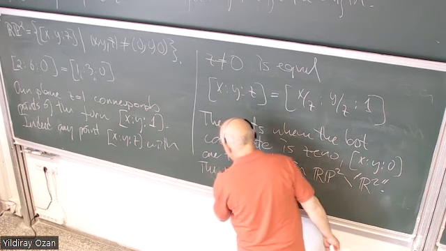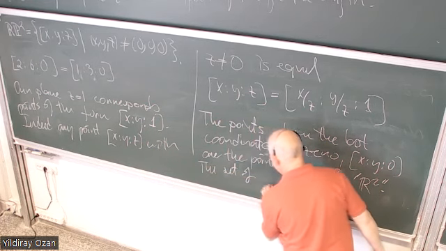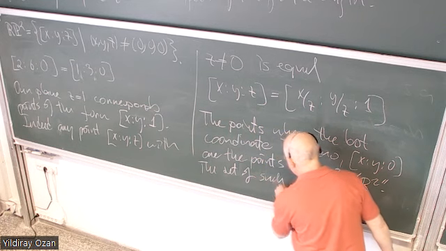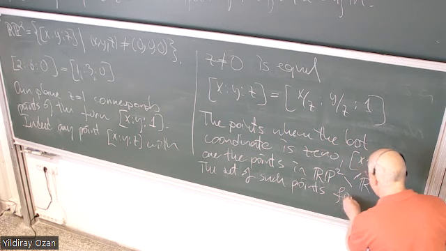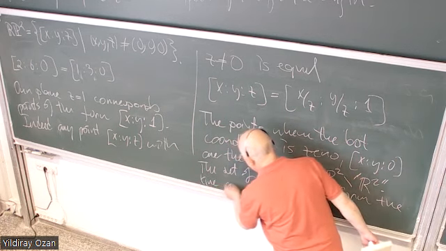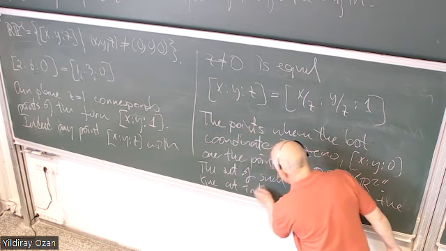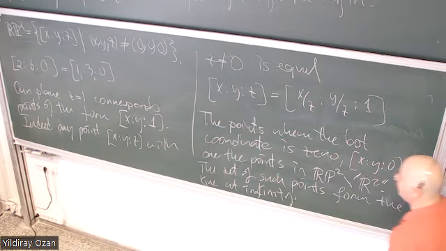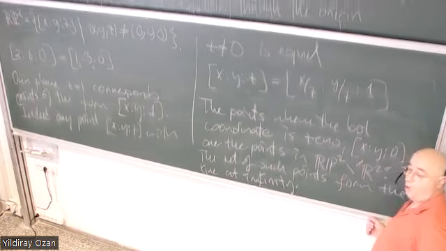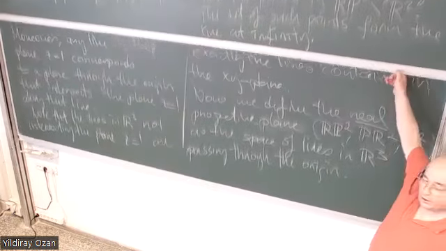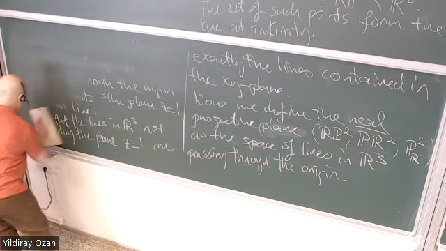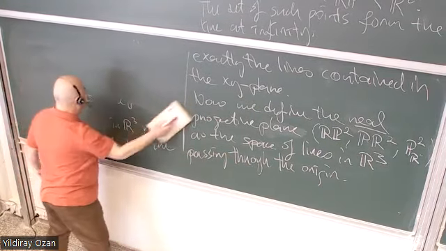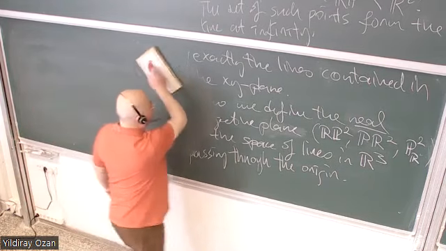The set of such points form the line at infinity. Tamam mı? O noktalar da bir line içeriyor ve onlar da sonsuzdaki doğru. Bunu şöyle de görebiliriz.